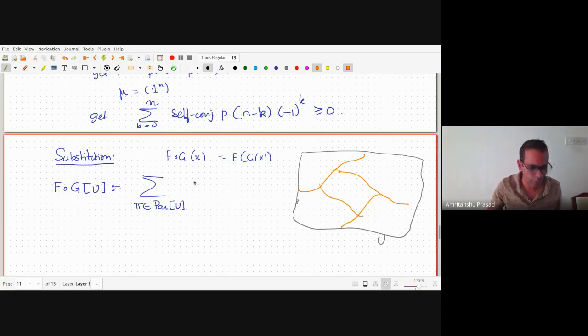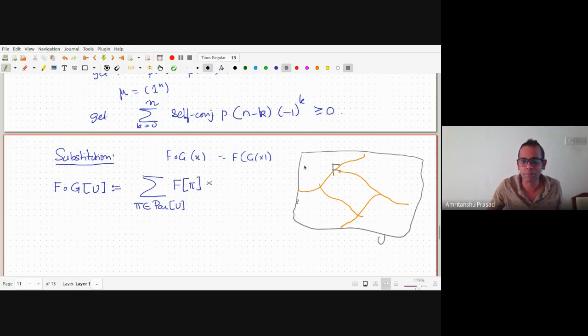And then I'm going to put an F structure on the set of pieces, on this whole set of pieces. And then I'm going to also put a G structure on each piece.